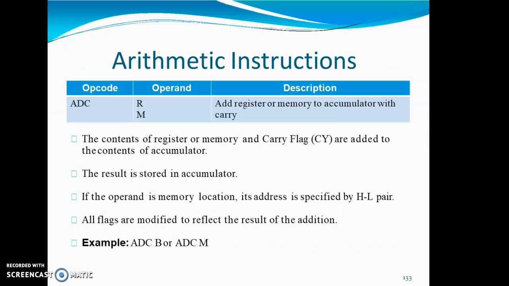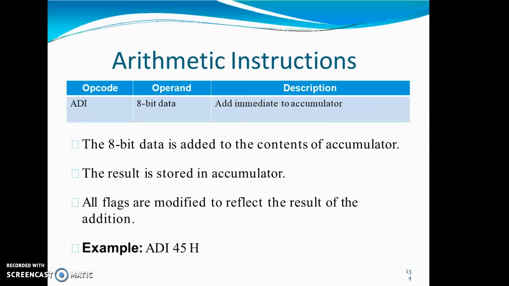Then add with carry means there is a carry in the flag register, so ADC will be affected: ADC B or ADC M. Then add immediate means an 8-bit data is provided, and that 8-bit data can be added directly to the accumulator. For example, ADI 45 hex.